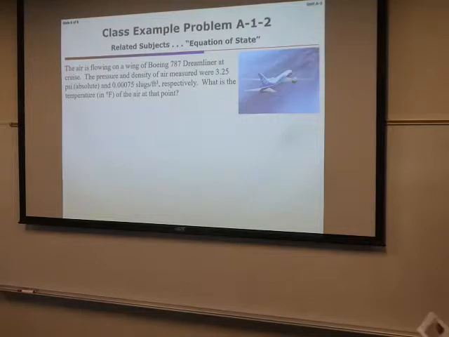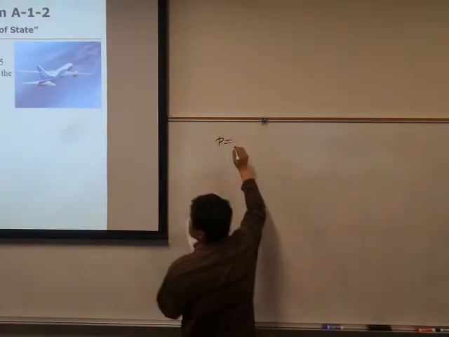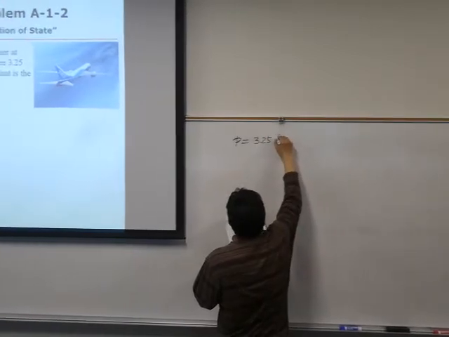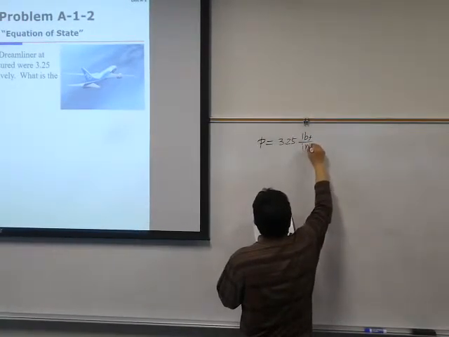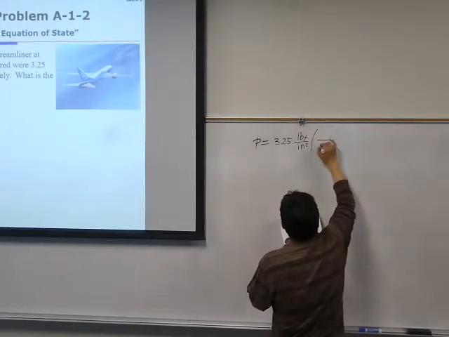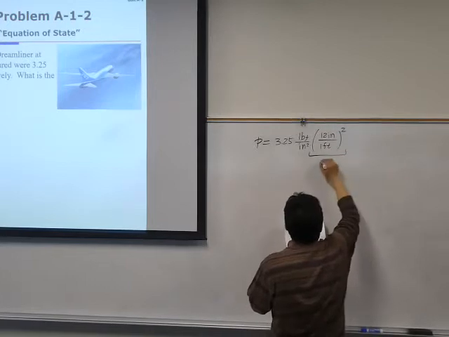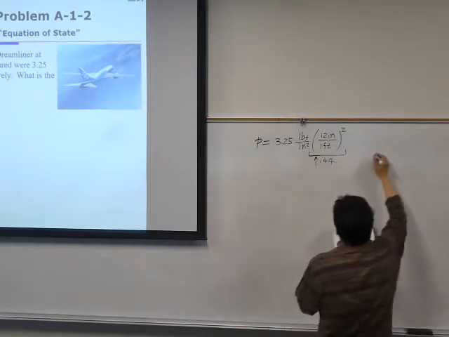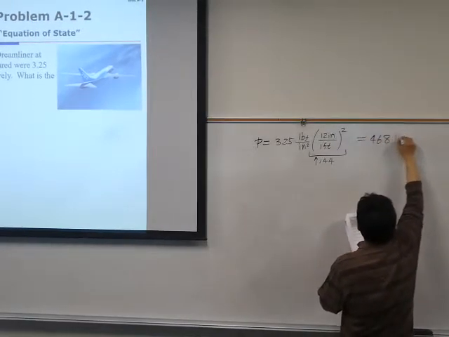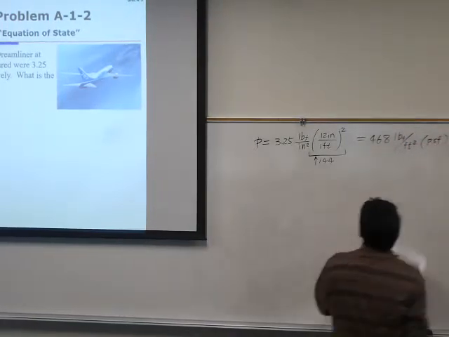What is the temperature of air at that point? Okay. So pressure is given. This is given as absolute pressure, 3.25 pounds per inch square, psi. So let's convert it. How do you convert it? 1 foot over 12 inch, this thing squared. This actually making this is 144. So 144 times 3.25 gives you 468 pound feet square. This is PSF. This is a standard unit.